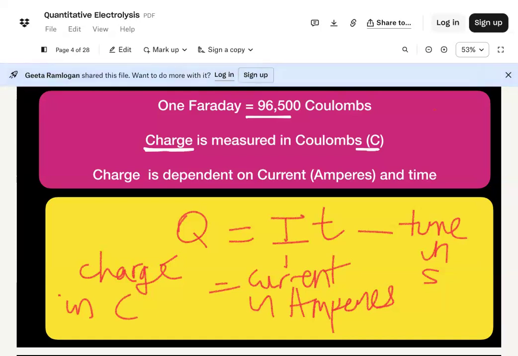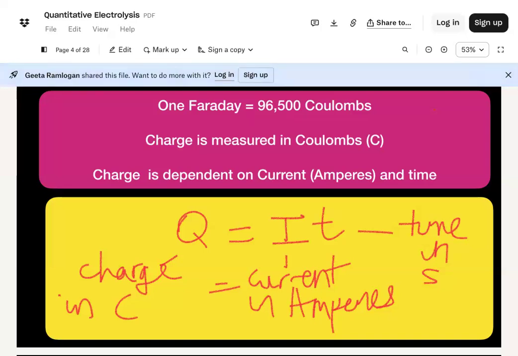I don't know how long this recovery is going to be. All good? Tell me when you have it here. Guys, did you need me to tell you that it's dependent on current and time? Or could you have thought that? Were you thinking that the more current, the more electricity happening there? Yeah? All right, you did not really need that, right?